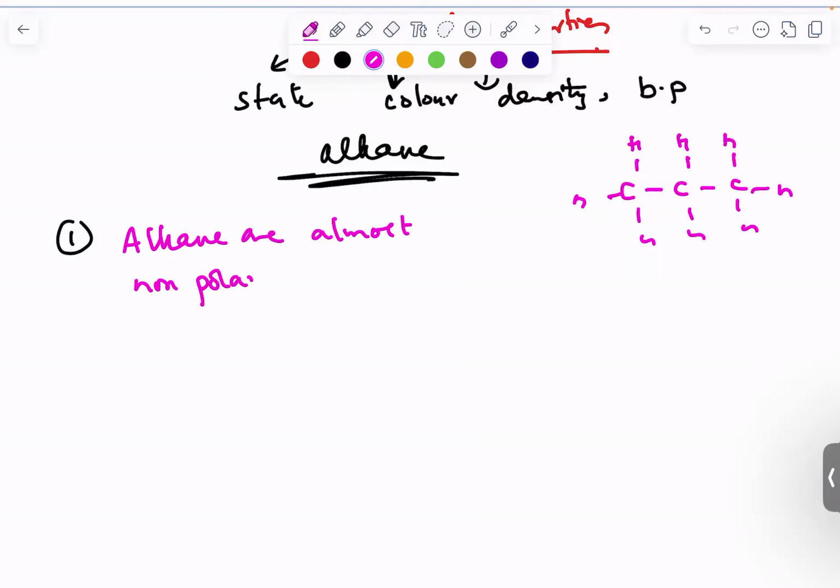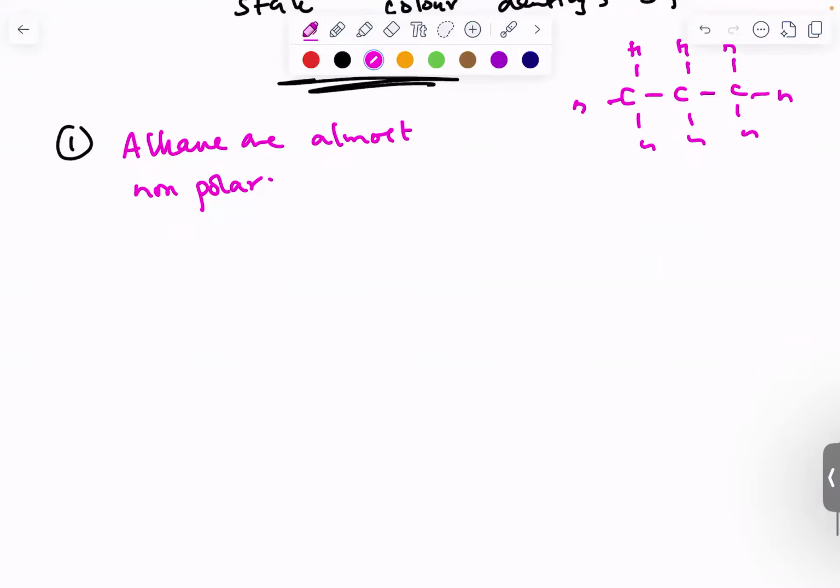What is the meaning of non-polar? You know that if a carbon atom is linked to an electronegative atom, like chlorine, which is electronegative in nature, it is going to attract the shared pair of electrons towards itself, getting a partial negative charge, giving a partial positive charge to the carbon atom. Now, when these poles come, this is called polarity. So halogenoalkanes are polar in nature.